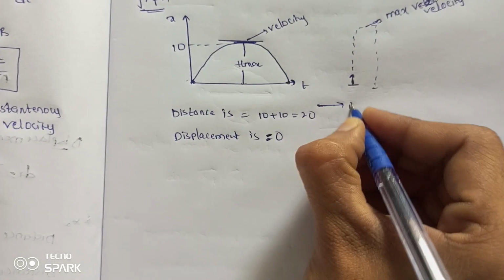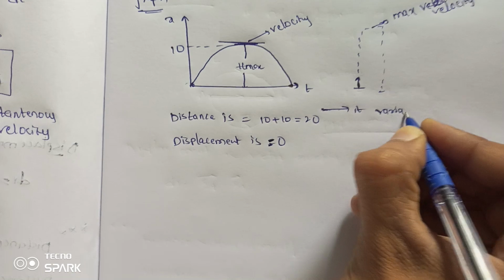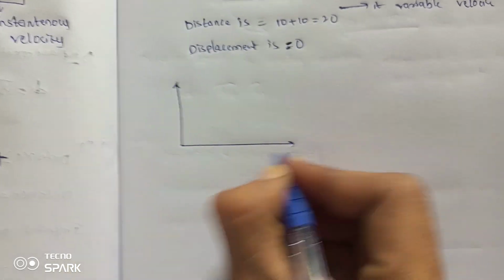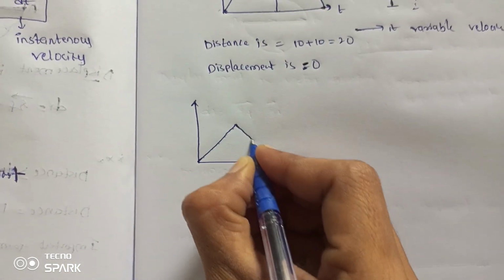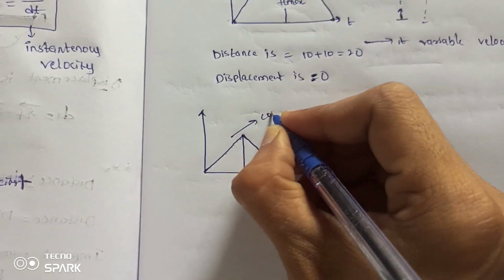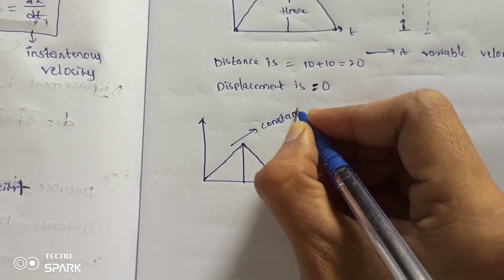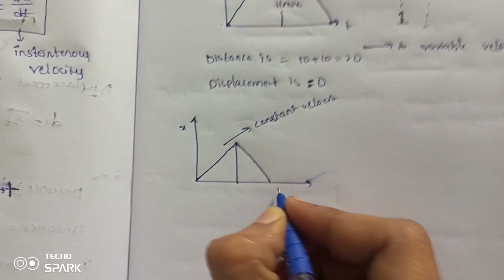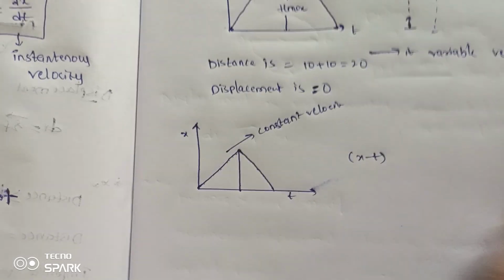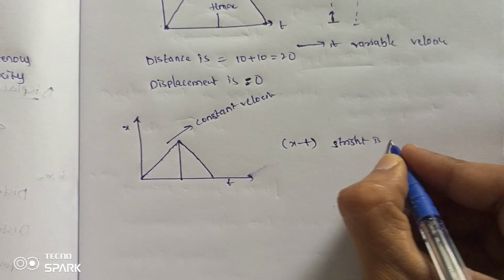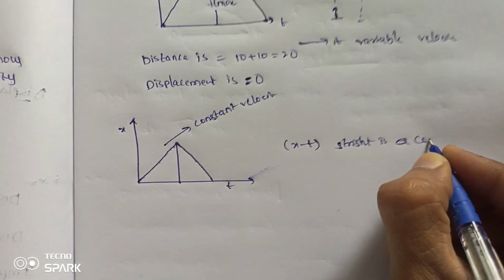It is a variable velocity. And for a constant velocity, the x-t graph is a straight line. It is a constant velocity.